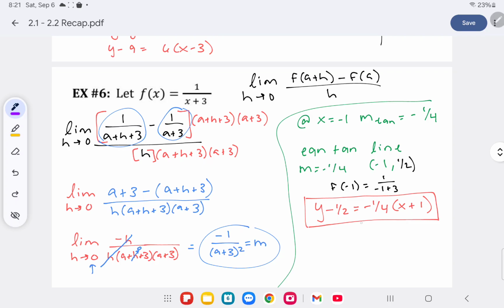So if our slope of our tangent line was -1/4, the slope of our normal line will be +4. That's really all you need to know about normal lines. They are perpendicular to the tangent line. So it's going to go through the same point, but the slope will be opposite reciprocal. So that's the equation of the normal line.